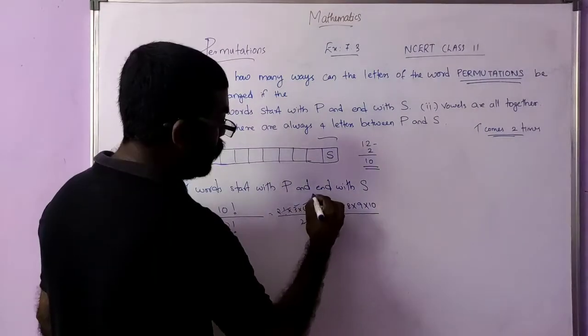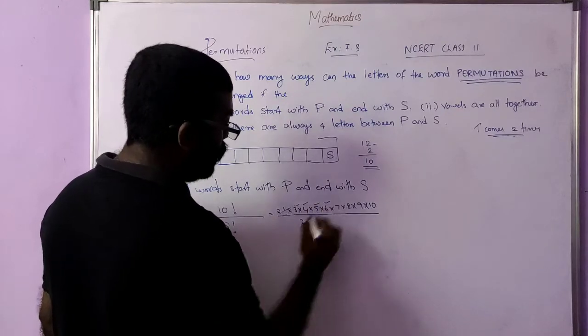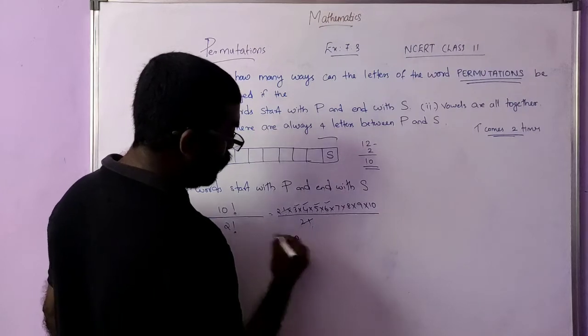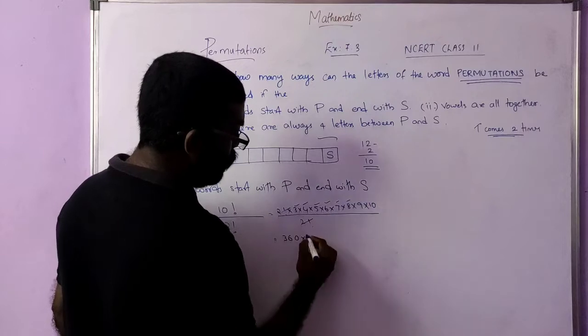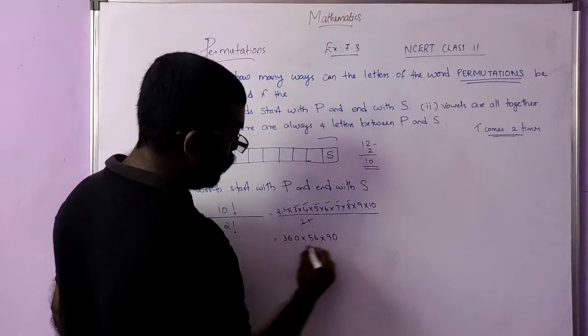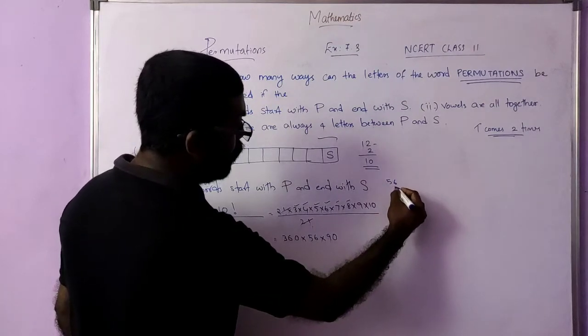3 4s are 12, 12 5s are 60, 60 into 6, that is 360. Then 7 8s are 56, 9 into 10, 90. Again we can multiply 56 and 90.